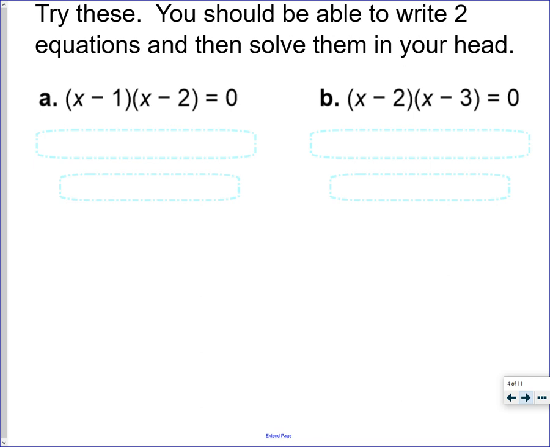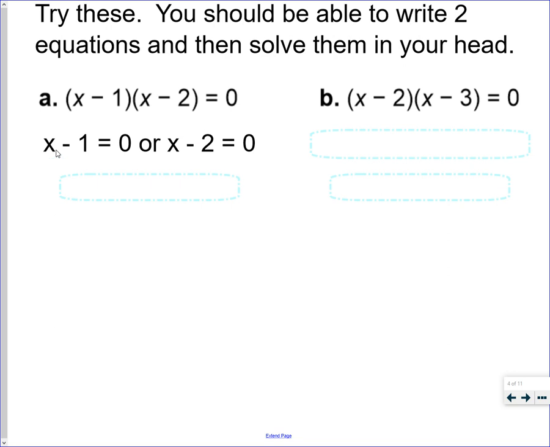So when I give you problems like this, you should start by writing those equations. I know you can do them in your head. I'm okay with that. But I need to see the equations. So my first equation in letter A would be x minus 1 equals 0. The second one is going to be x minus 2 equals 0. So those are my two equations. And again, now you should be able to do this in your head.